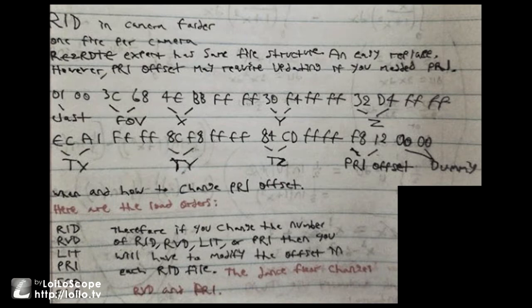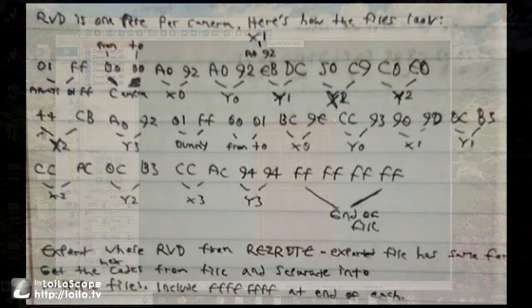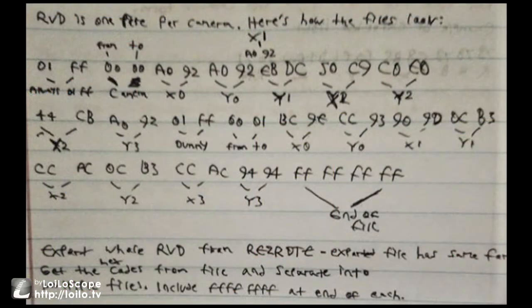Other than the PRI offsets, the RID can be replaced real easily. So, onto the RVD, that's the camera zones. Here's the file structure for the RVD. The RVD doesn't have any special offsets to edit, but you do have to separate the data using HXD or a hex editor of some sort.